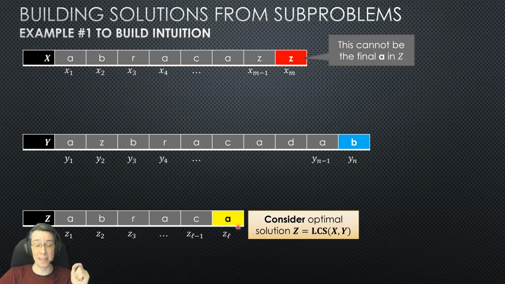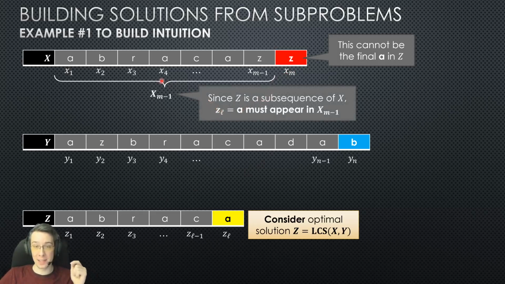So this A, the last letter of Z, should appear somewhere in X, and indeed we can see it appears here. And it should appear somewhere in Y, and we can see it appears here. Or maybe it's this A. Hard to tell because there are lots of A's as extra letters in this Y. Okay, so this A certainly is not the last letter of X in this example, right? Because it's a Z. This can't be the final A in our LCS string.